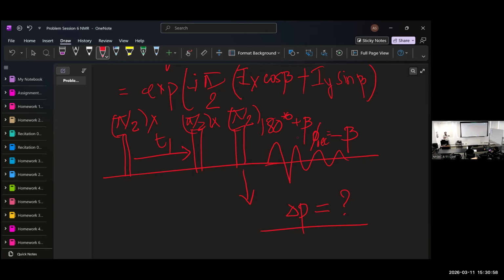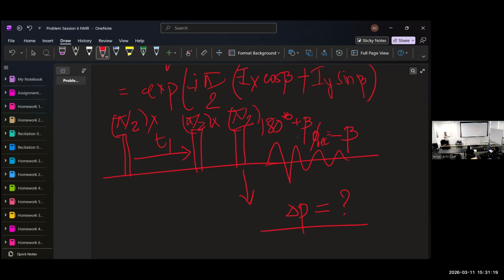You do pick up plus 2 and minus 2 coherence before that second pulse. You know that at the end, during acquisition, you will pick up minus 1 coherence. That's a selection rule. And then the delta P again is set by your phase cycle.